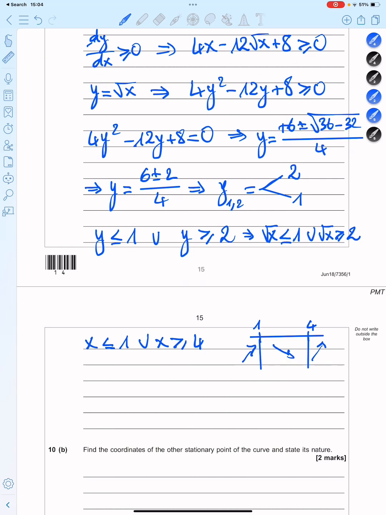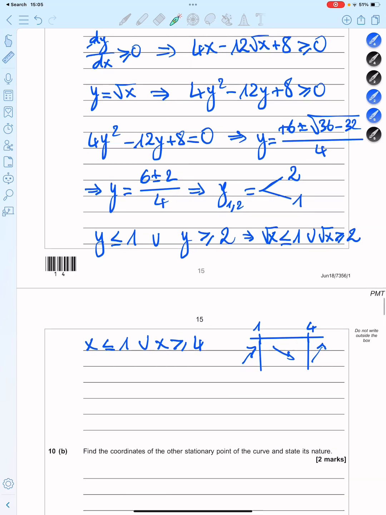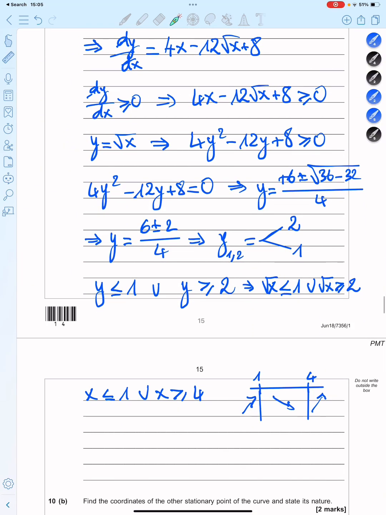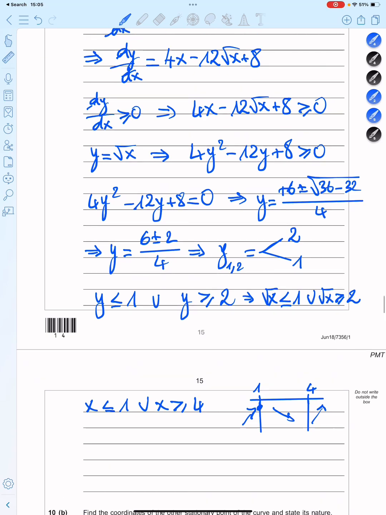So our function would basically look like this, right? Where the maximum point would be at x equals 1, as we expected. So that's what we wanted to prove. And to find the y coordinate, which is 3, they said to prove that the curve has a maximum point at (1, 3). So at 1 here we would have the maximum, right? Let's try to find the y coordinate.